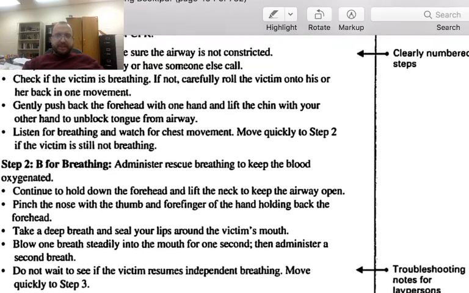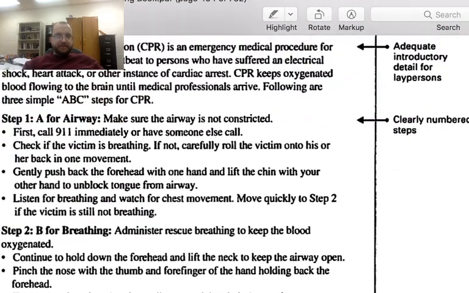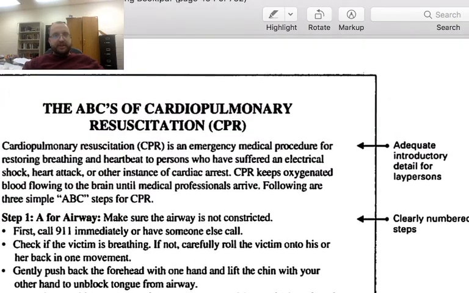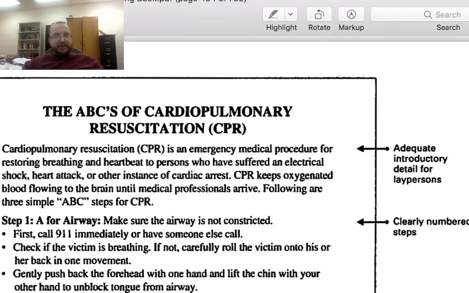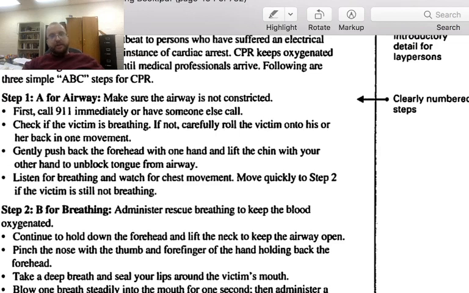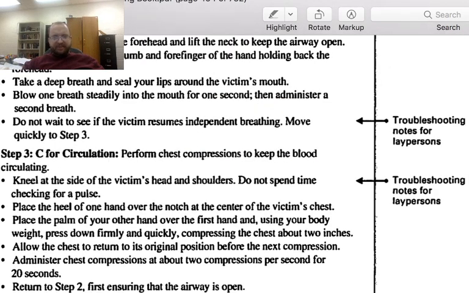Then it gives you some example document designs too. As you notice on this one, the ABCs of CPR, it's maintaining a nice, consistent design with bullet points. The appropriate headings are bolded. It's giving visuals.